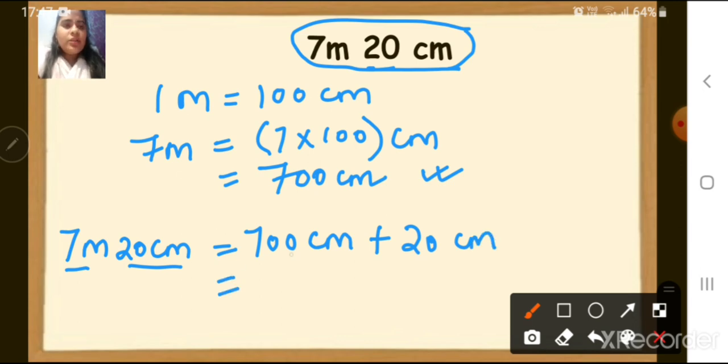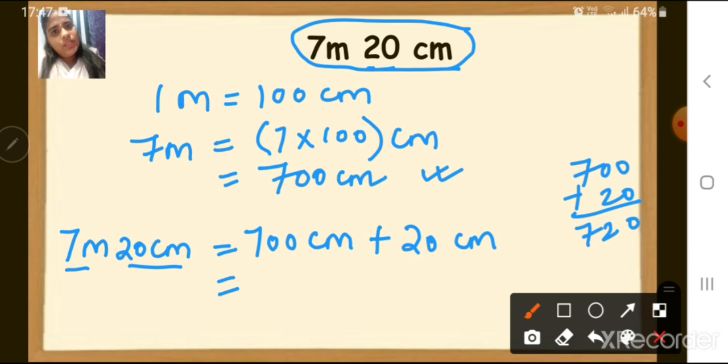Now let us do the addition. 700 plus 20 centimeter is equal to 720 centimeter. This is how we have to convert. So 7 meter 20 centimeter is equal to 720 centimeters.